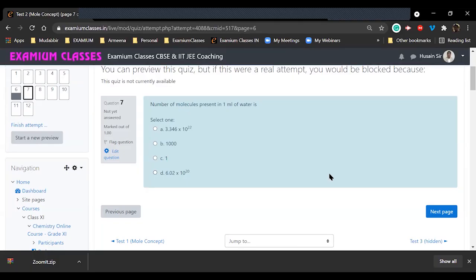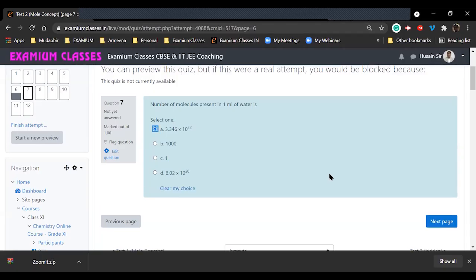It will be 6.022 into 10 power 23 divided by 18. And you will get answer 3.346 into 10 to the power 22. Okay. Still, if there is any problem, you can ask. Now the next one.